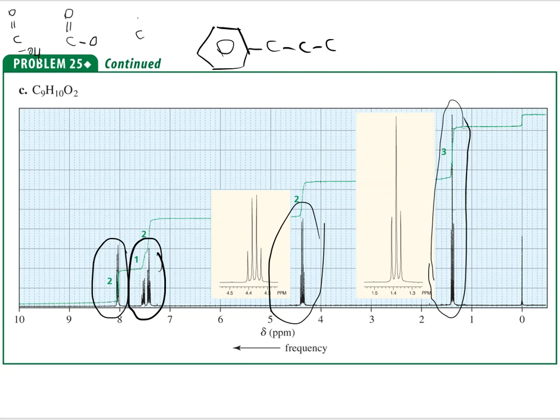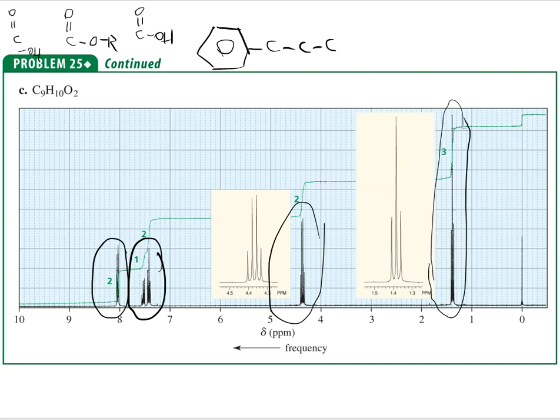So I could have an ester functional group possibly. I could also have an alcohol group. And I could also have a C double bond O, and then separately down the line somewhere else, there could be a possible OH group. So a carbonyl as well as an alcohol.